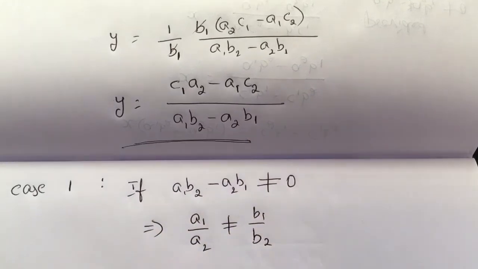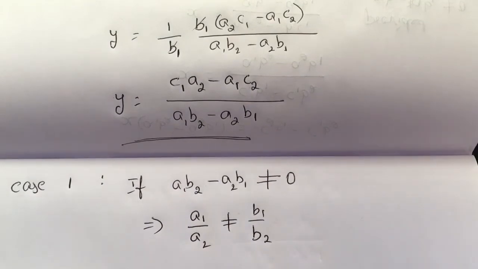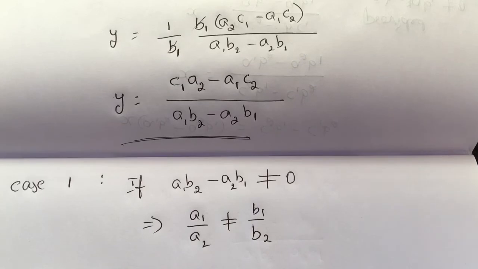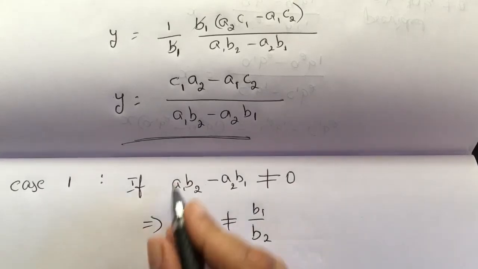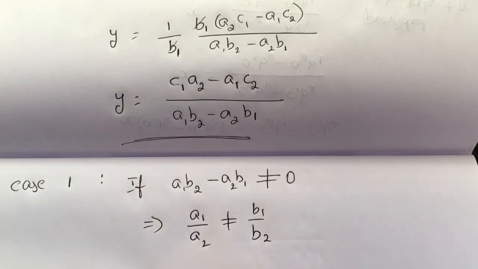That means the pair of linear equations has a unique solution. And if it is equal to 0, then we have to think. If this is the case, then it has a unique solution.